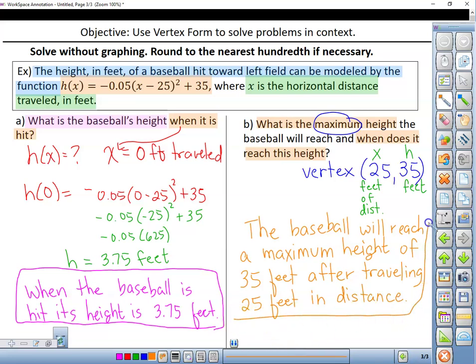All right, that finishes up part B. Let's take a look now at part C.